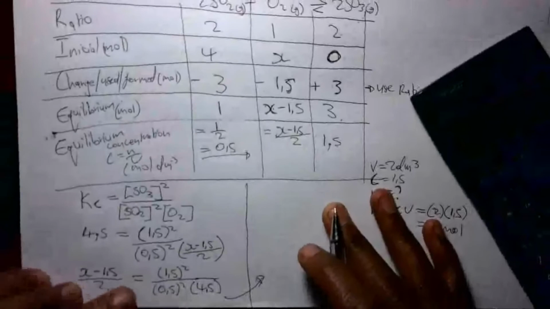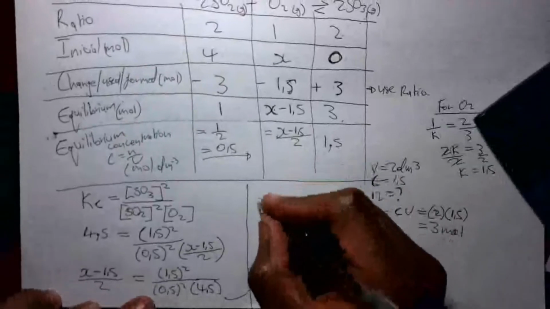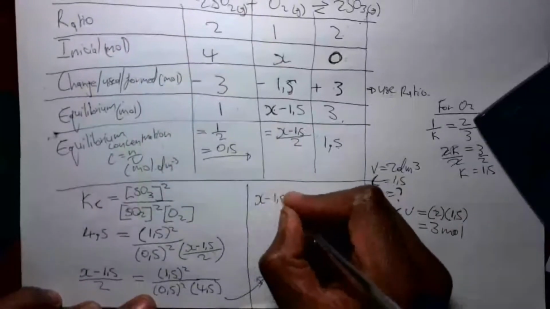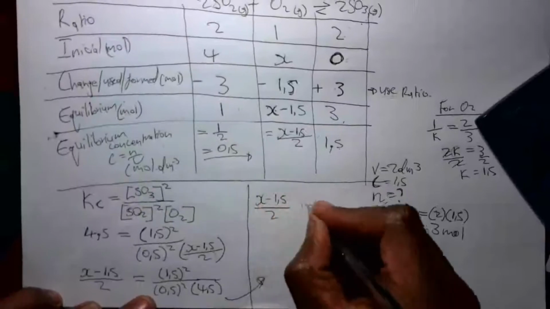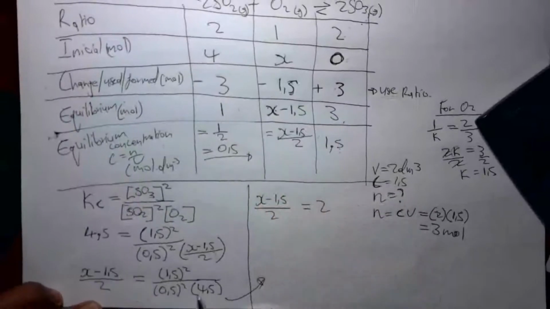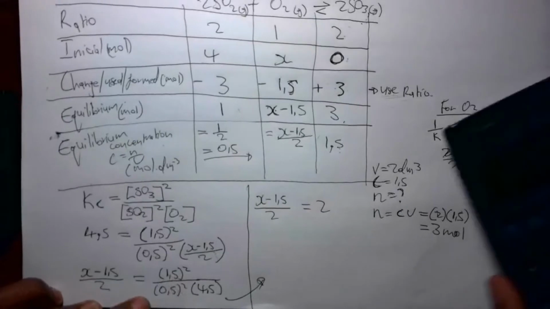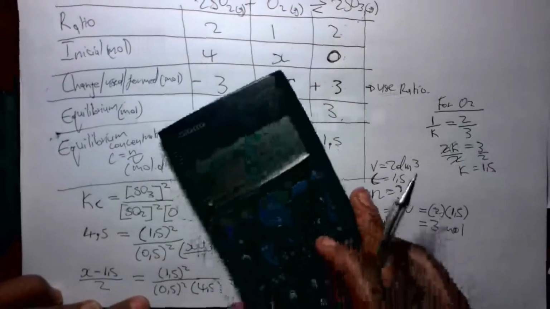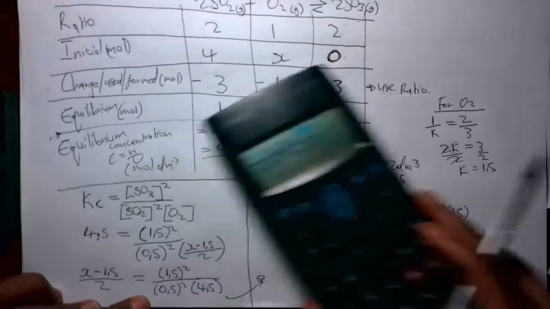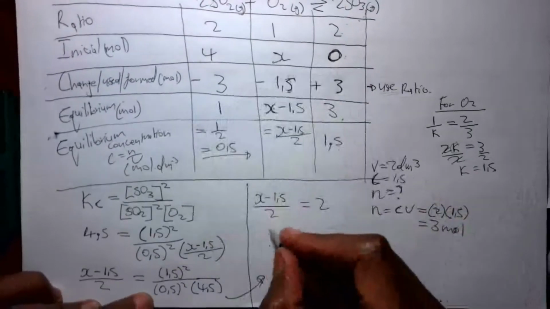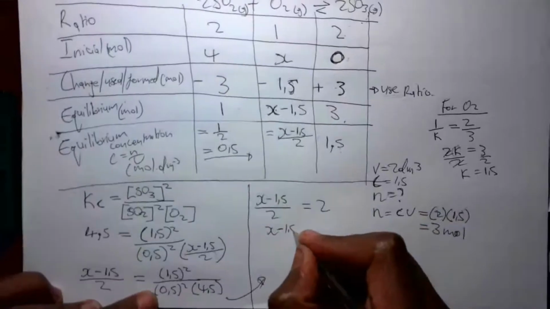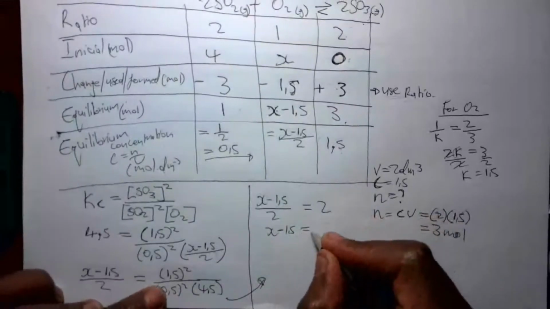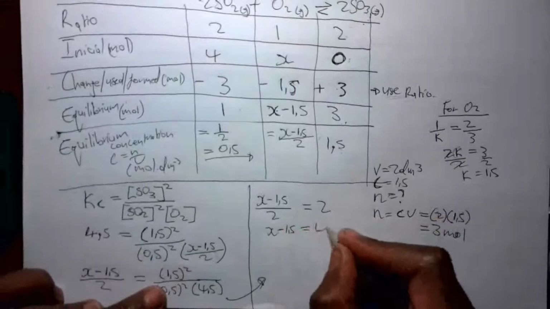Okay, so we are going to have x minus 1,5 over 2 is equal to 2. Okay, so when I punch this on the calculator, what do I get? I get 2 there. Now cross multiplication, x minus 1,5, I'm getting 1. 2 times 2 is 4.